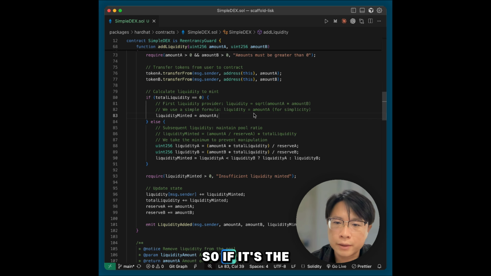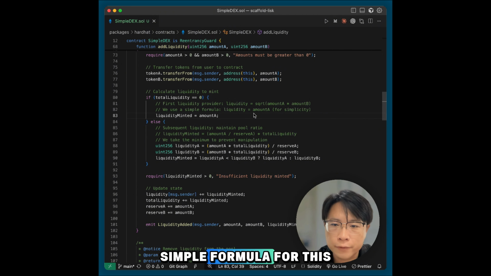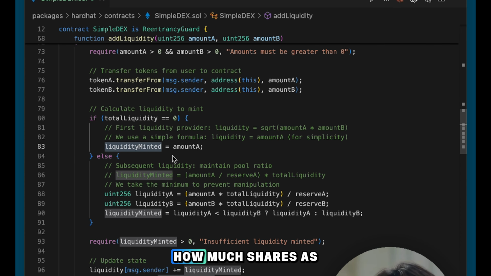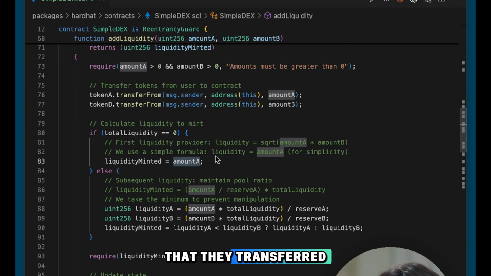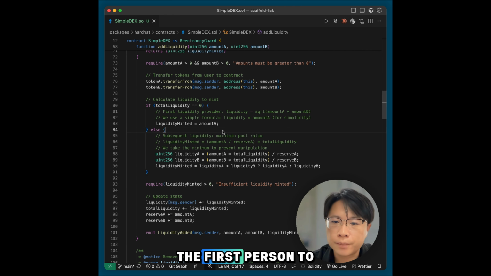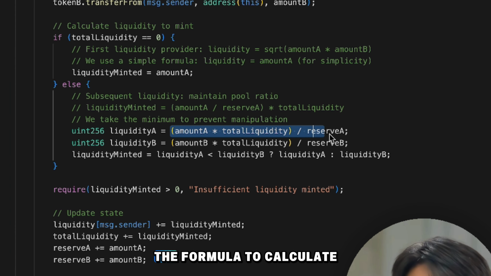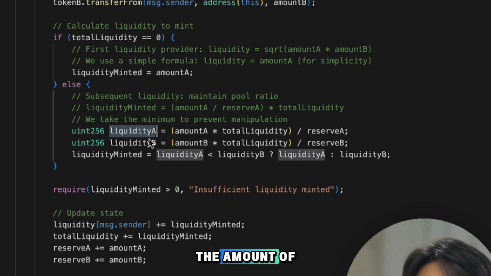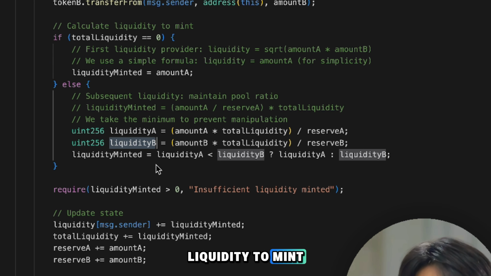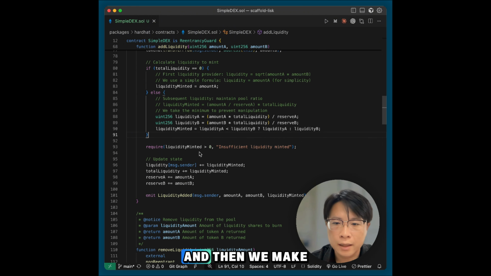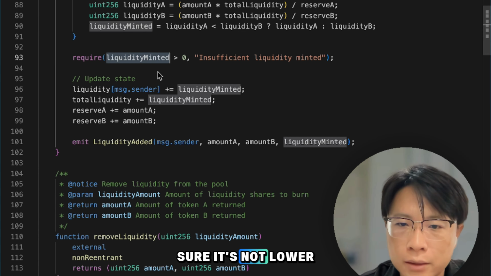So if it's the first liquidity provider, we'll be using a really simple formula for this, meaning that we will mint as many shares as the amount that they transferred. And if it's not the first person to deposit liquidity, we will take the formula to calculate the amount of liquidity to mint, and then we make sure it's not lower than zero.